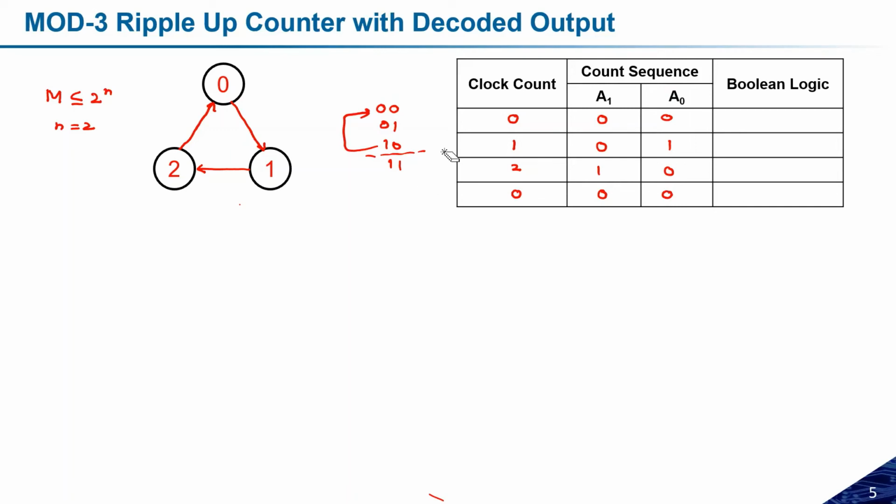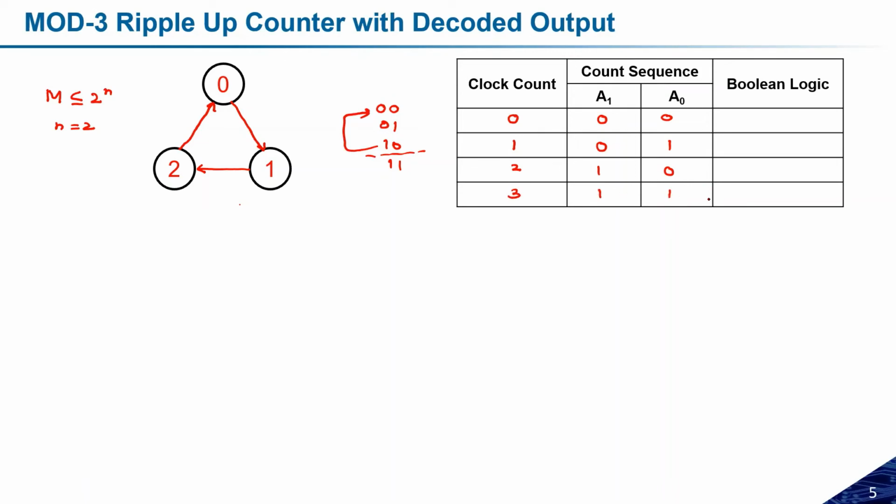So what will be the Boolean expression? This is our requirement, but suppose I am considering 3, so it will be 1 1.